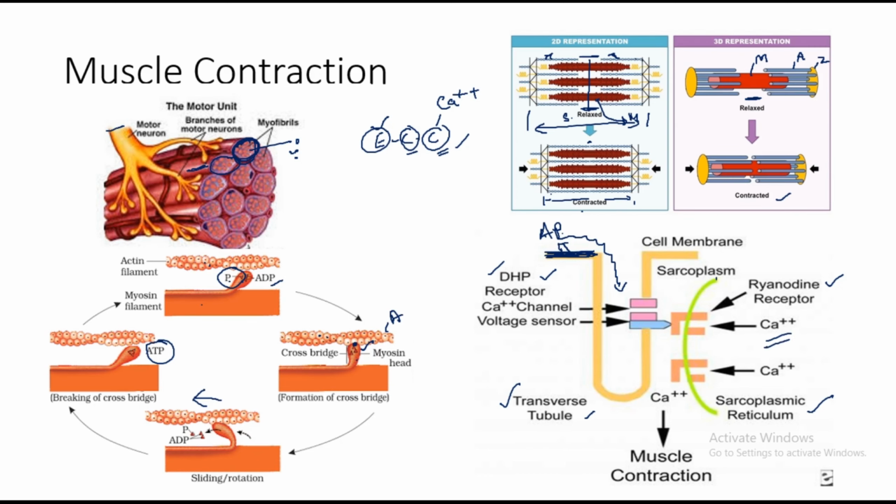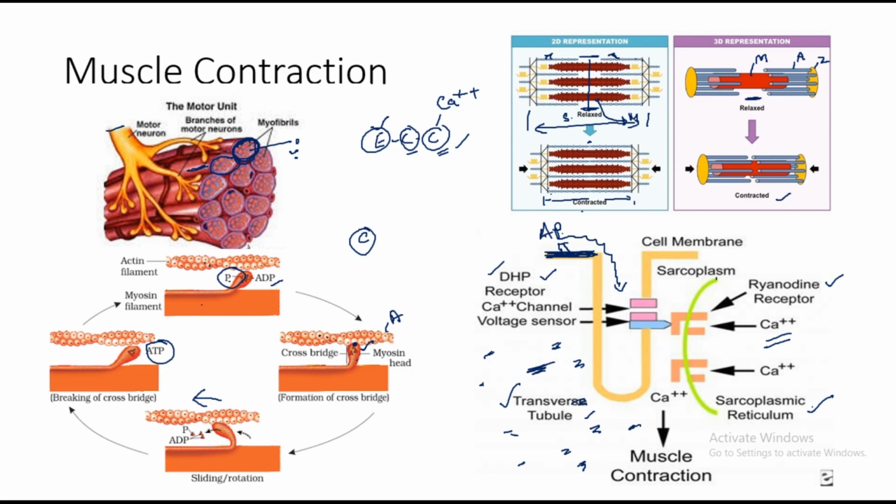So the calcium stored in the sarcoplasmic reticulum or mitochondria comes out and is released into the cytosol during the action potential, during the contraction process, and binds with troponin C.